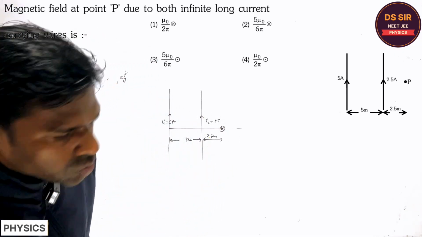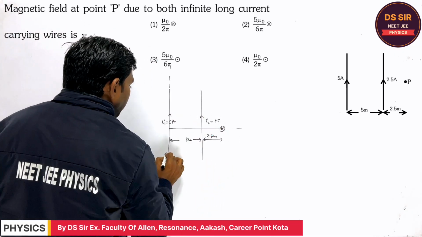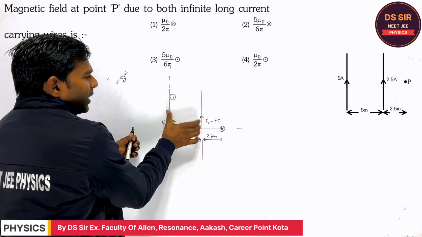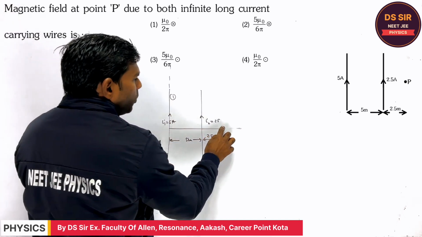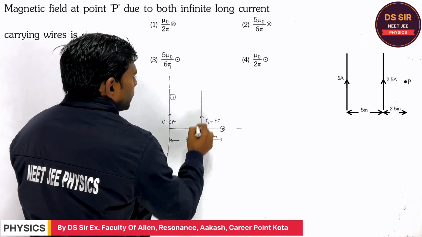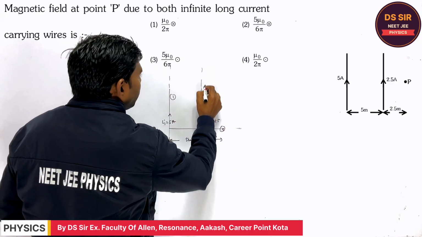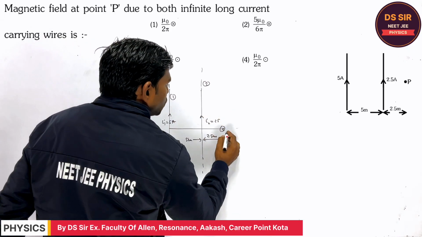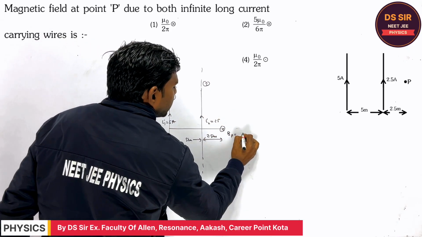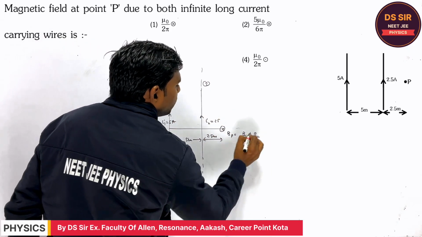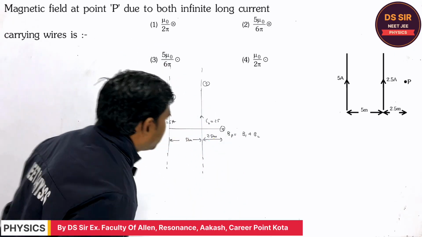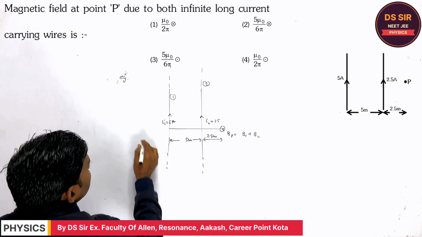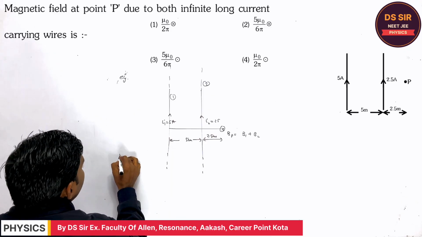If these are infinite wires, then because of wire 1, the magnetic field is into the board, and because of the other wire, the magnetic field is also into the board. So the total magnetic field at this point will be B1 plus B2. What is the magnetic field due to this wire?